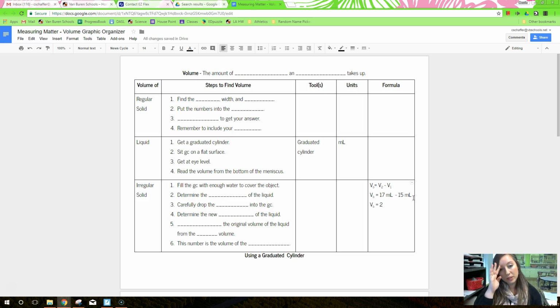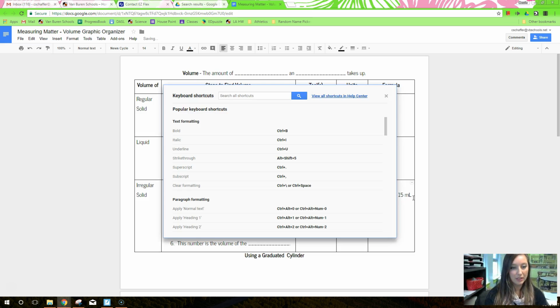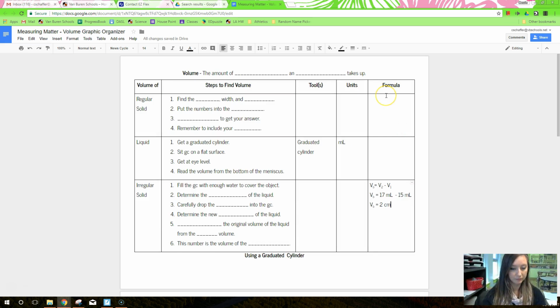Now, we know that we use the unit milliliters for liquid, but we're not actually finding the volume of the liquid now. Once we've subtracted, we found out how much space that marble was actually taking up. So we're talking about a solid, and the units that we use for volume of a solid would be centimeters cubed.